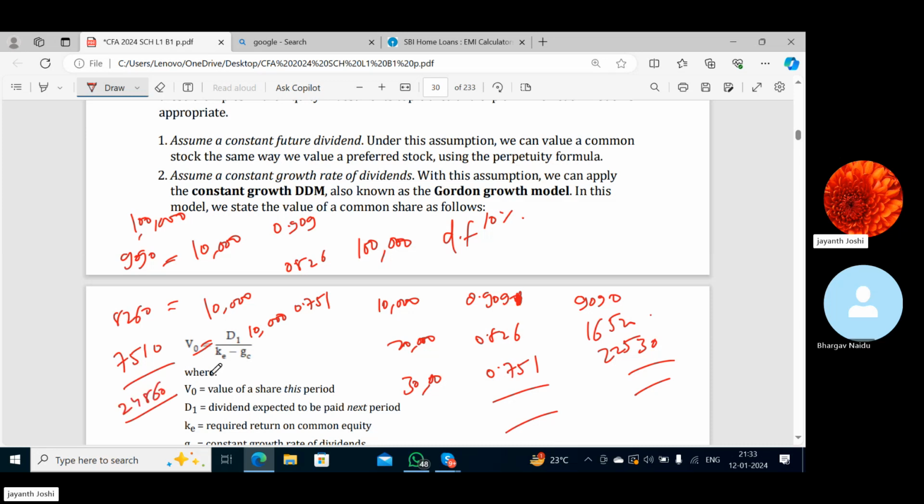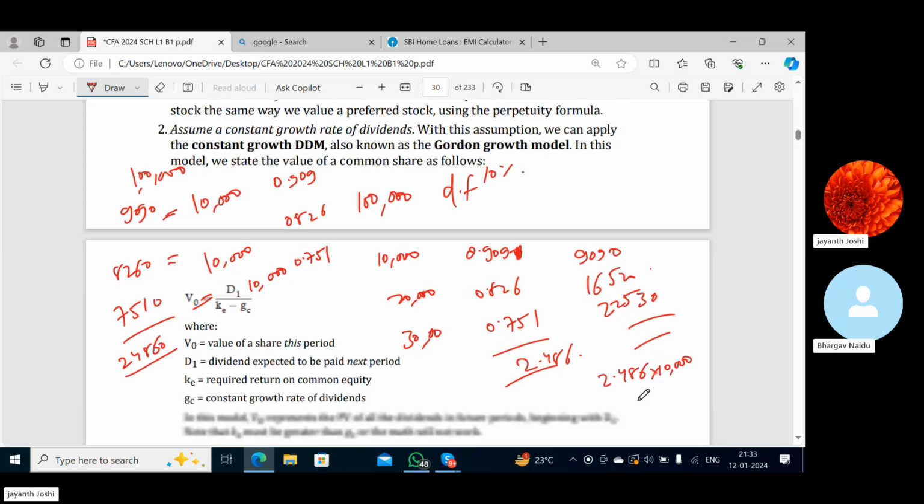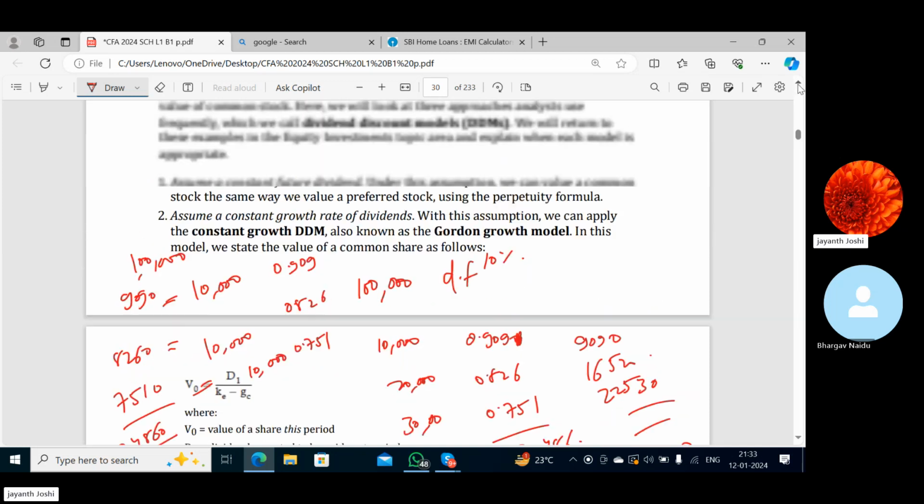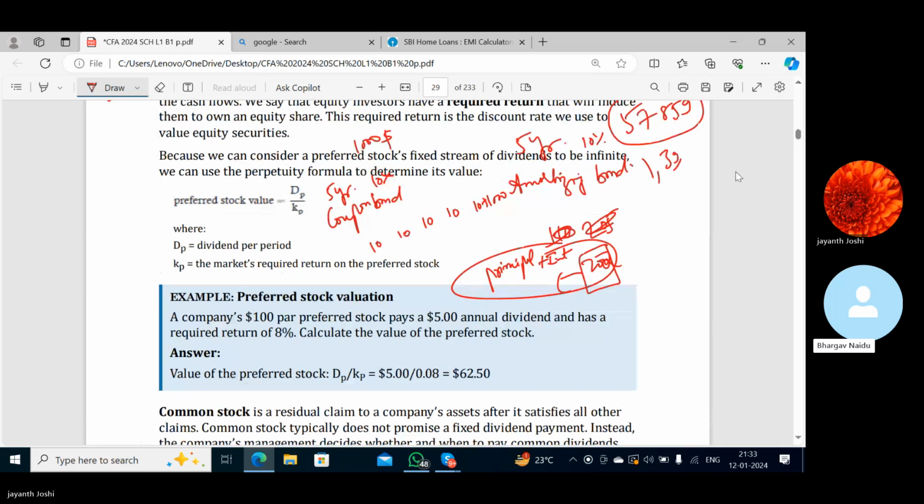So instead of doing this, I'll add these discount factors. I'll get 2.486, and this 2.486 into 10,000 will give me the same amount. So what we understand is the summation of present value factors is equivalent to the annuity factor.